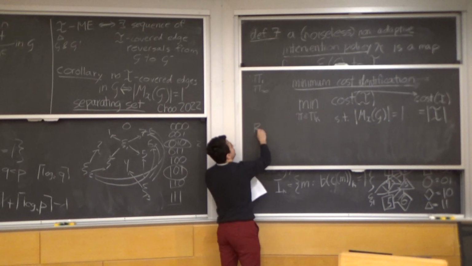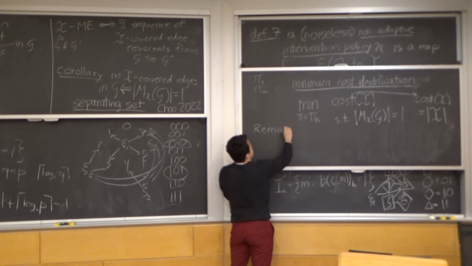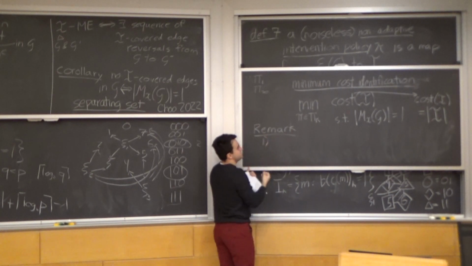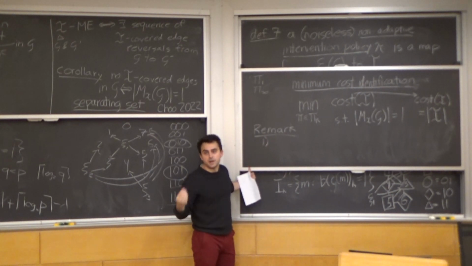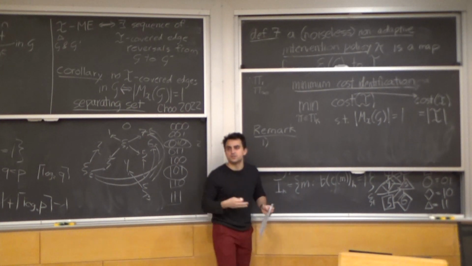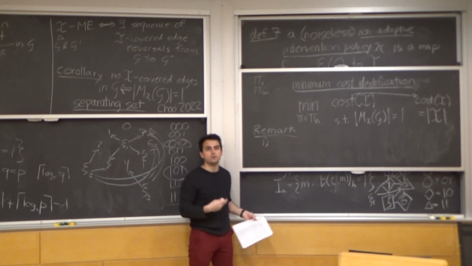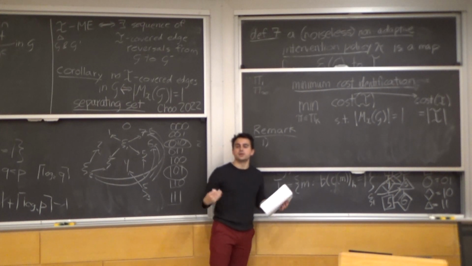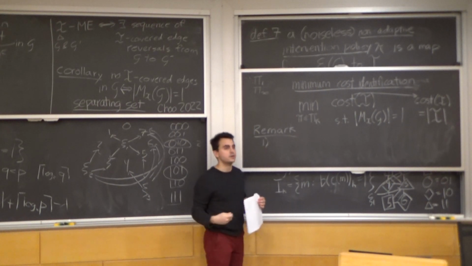But you could consider a case where you had a budget going in, and what you wanted to do is maximize the amount of information that you learned about the graph. And it could be that your budget's high enough to completely discover it, or it could be that you're going to have some edges missing or something like that.